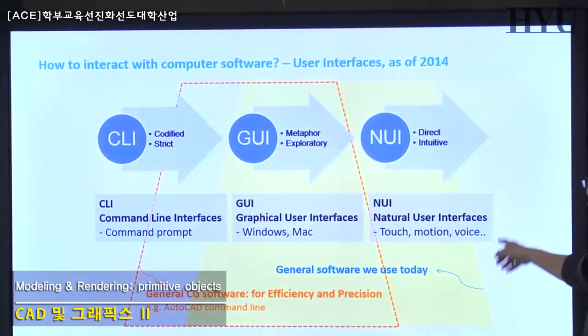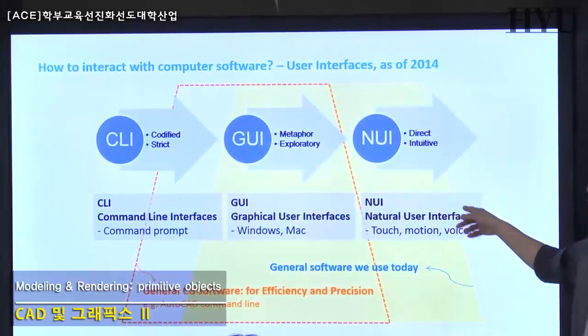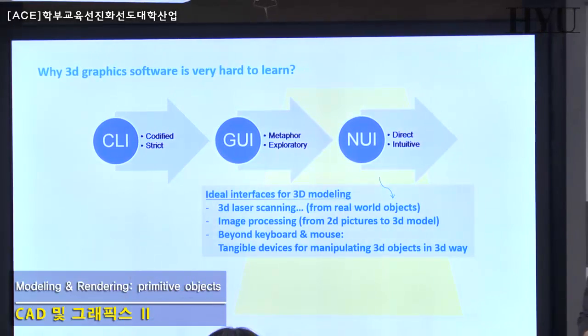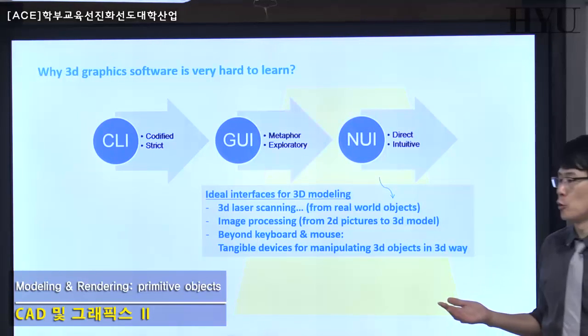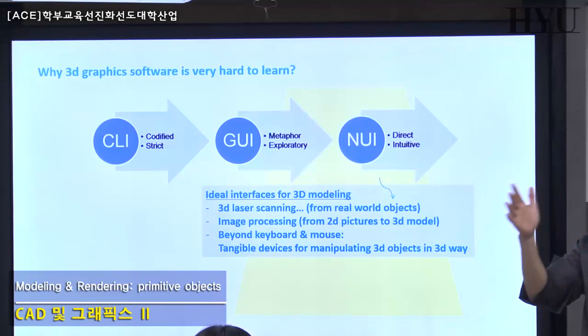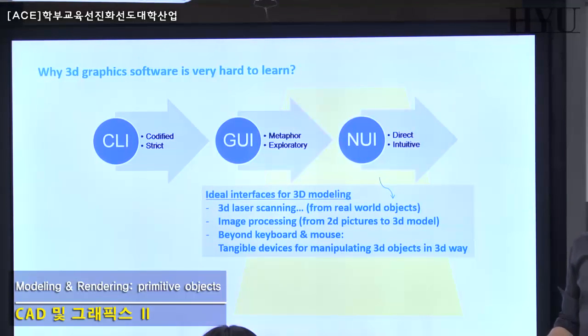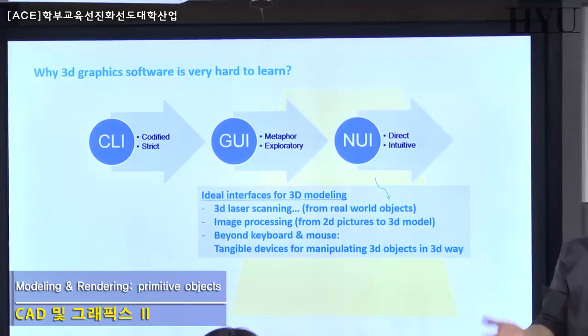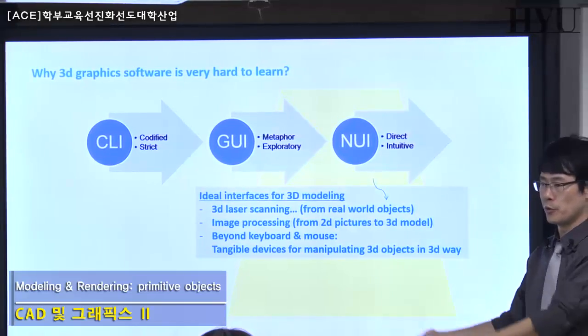But in reality, this yellow background, NUI, GUI, is your daily life interface. What is the ideal interface for making 3D geometry? What if you want to create a 3D box? You can move your hand in this way, and then 3D geometry will be created on your computer.